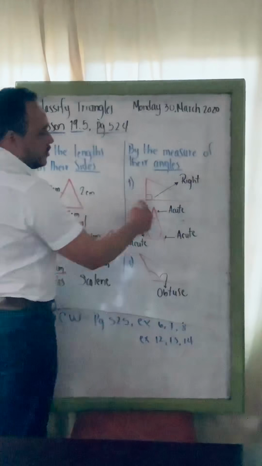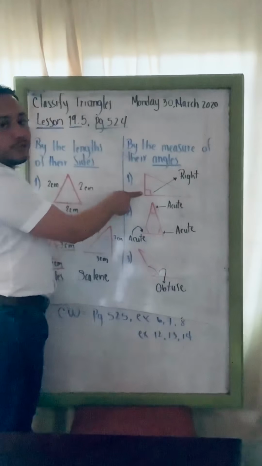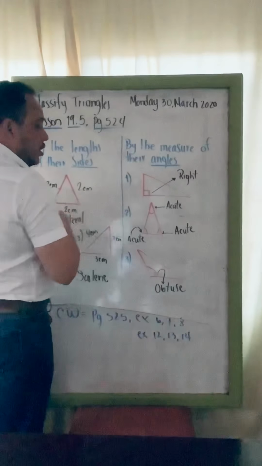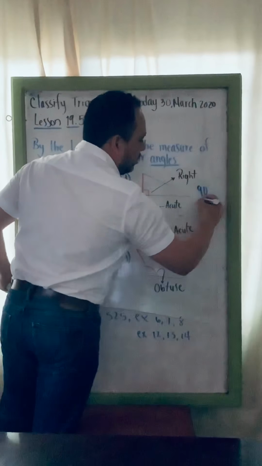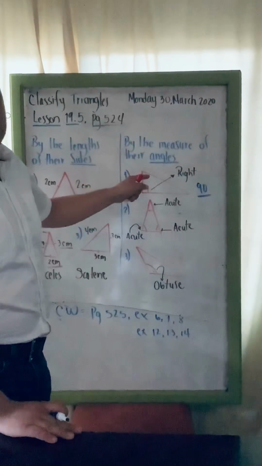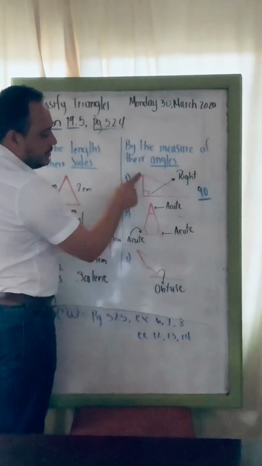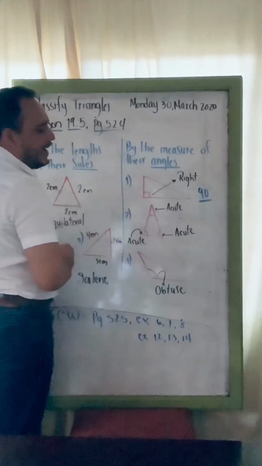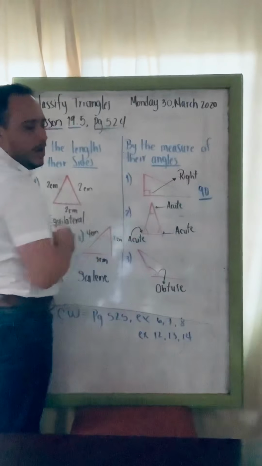Here we have this triangle, and this triangle has one right angle, which measures 90 degrees, right? By the way, this was one of the lessons that you studied before. So then if you have at least one right angle, this triangle is called a right triangle.